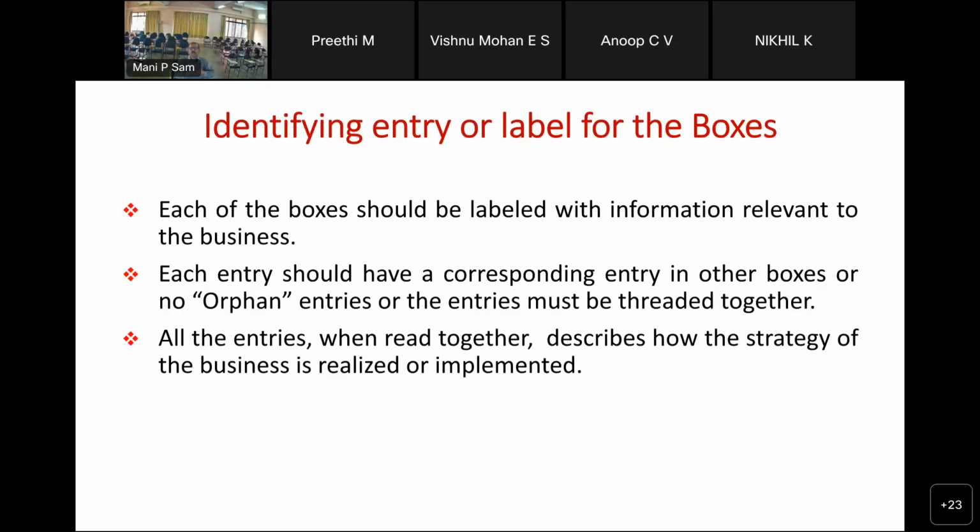So when read together, all the entries which are made in 9 boxes tell you the story, a very cogent and coherent story of the business as to how it is creating value, delivering value, maintaining customer requirements, fulfilling the customer requirements on a regular basis, and basically how the business is realized. So the whole story is told by this 9-box canvas.